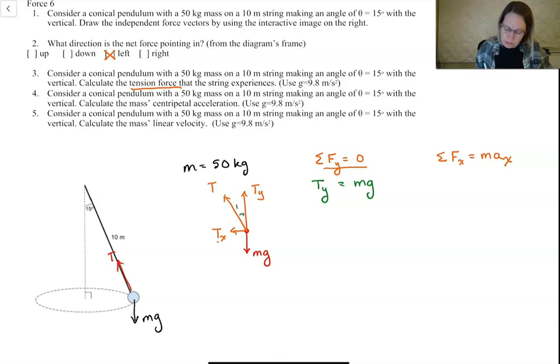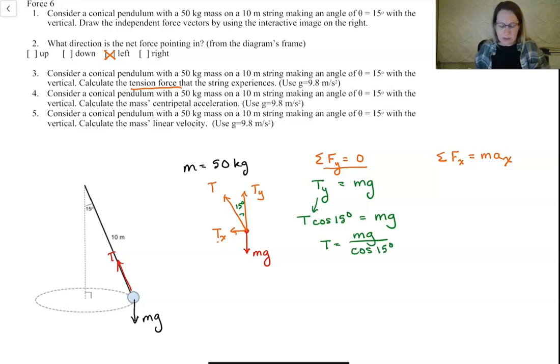So if this is 15 degrees, and we set up our triangles as usual, then Ty is tension times cosine of 15 degrees, which equals mg, or the tension would be equal to mg over cosine of 15 degrees. And that gives us a tension equal to 507 newtons.